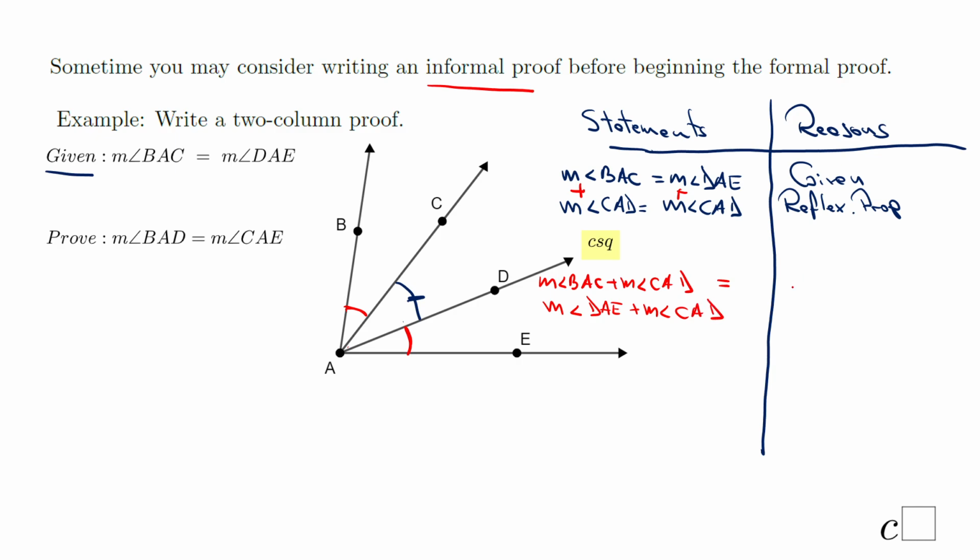So this is nothing else than addition property of the equality. We have the equal sign here. But now let's take a look to this statement here. If you notice, this sum of the angles is the blue angle, how I called it at the beginning, this guy. That's my next statement.